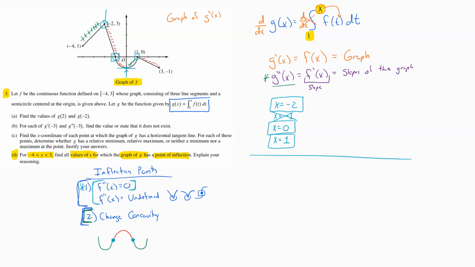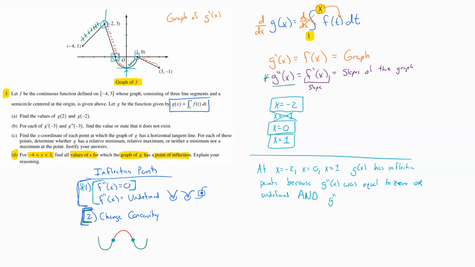And you would just say that it's your final answer, your justification. You would say at x equals negative 2, x equals 0, and x equals 1, g of x has inflection points because, and this is where you want to tell them the sign, the two things, because the second derivative was equal to 0 or undefined, and it changes signs at each of these points.